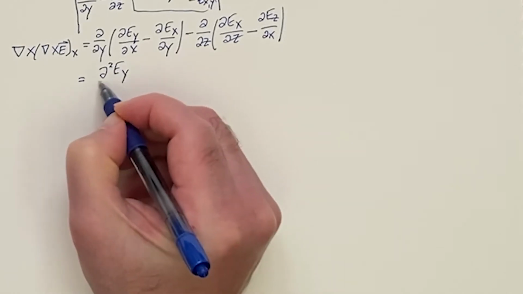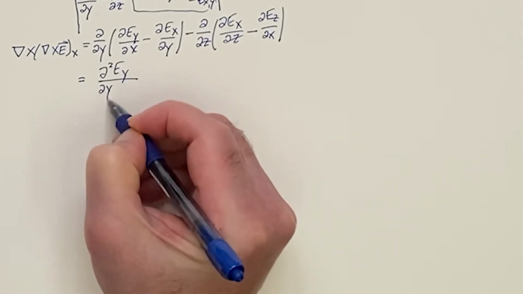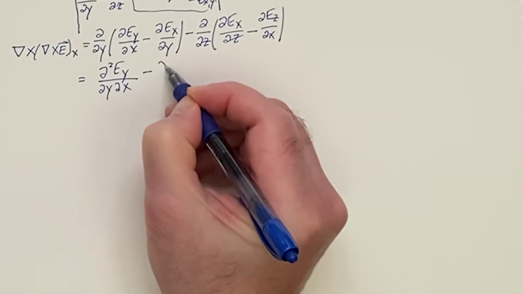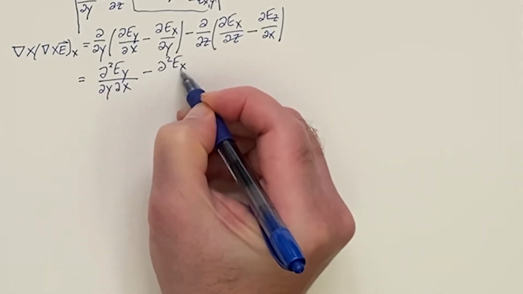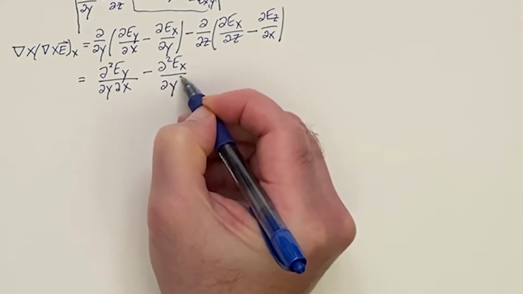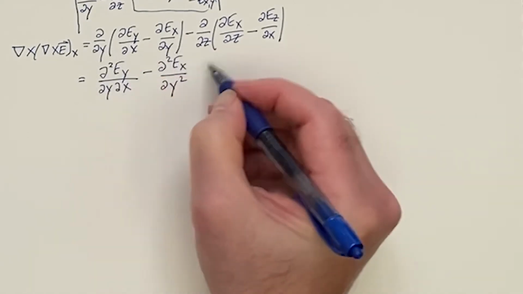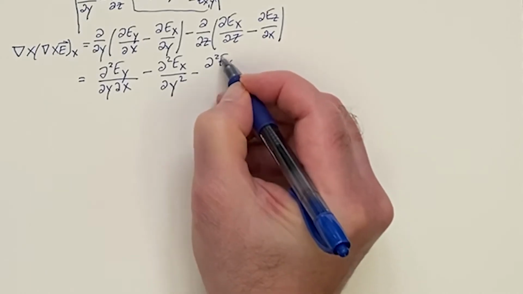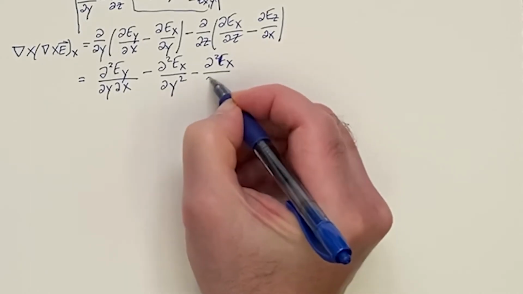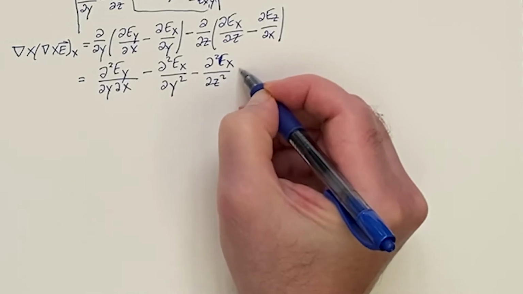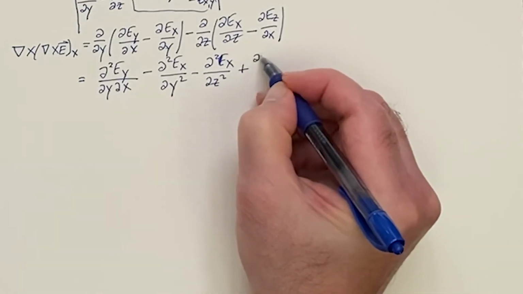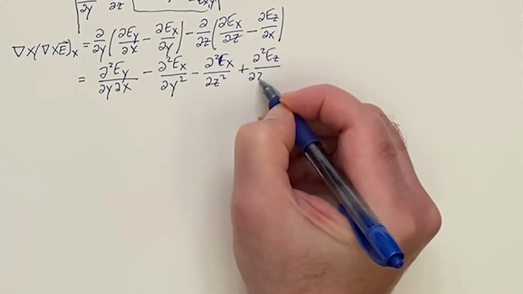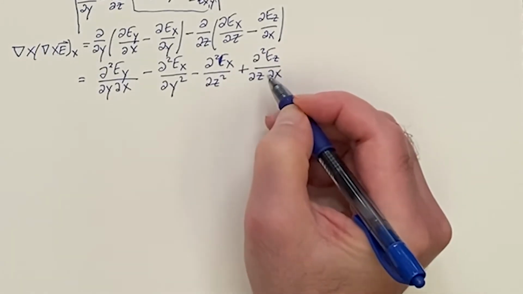We come in here, we got partials, y and x, and then here this one's going to be the second derivative with respect to y, since there's two y's. And then here, this is going to be the second derivative with respect to z. And this last one's a plus sign, second derivative, and that's going to be partials z and x.